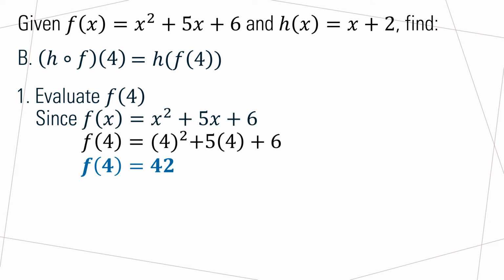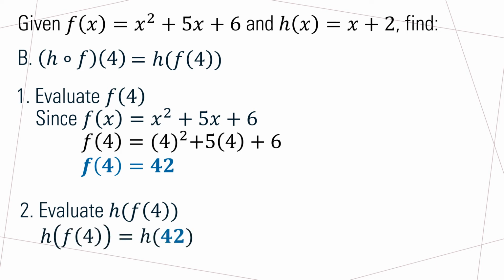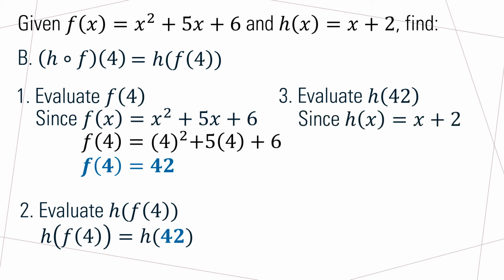Next, we substitute the value of our inner function to our outer function, meaning to say we are now going to evaluate h of f of 4. And knowing that our f of 4 is equal to 42, then we will have now h of 42. Again, let us evaluate h of 42 by using the function for h, which is h of x is equal to x plus 2.